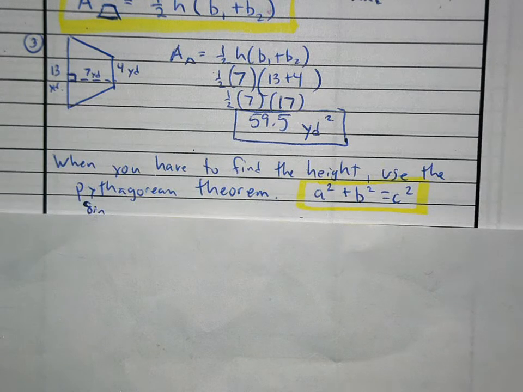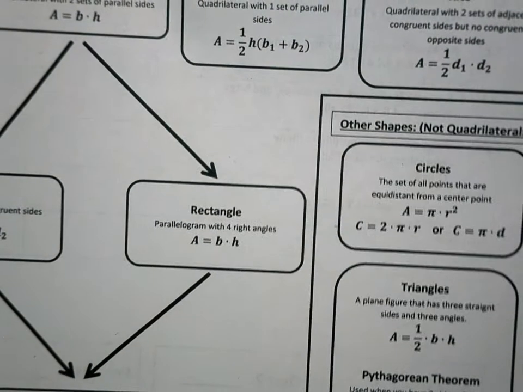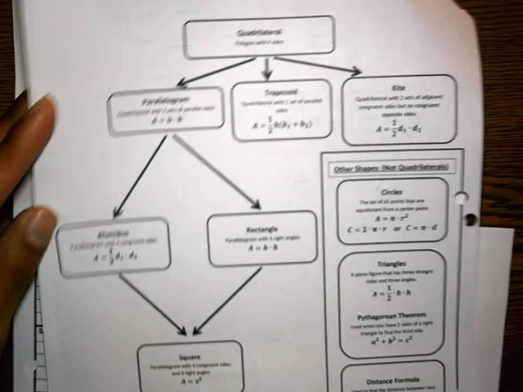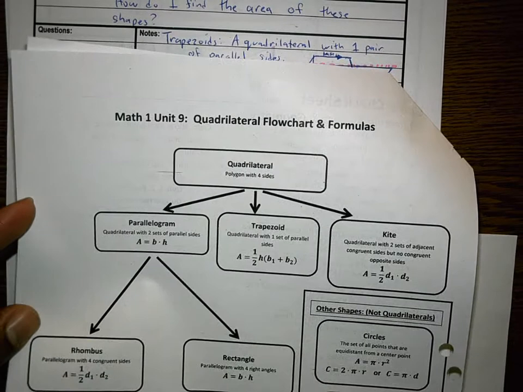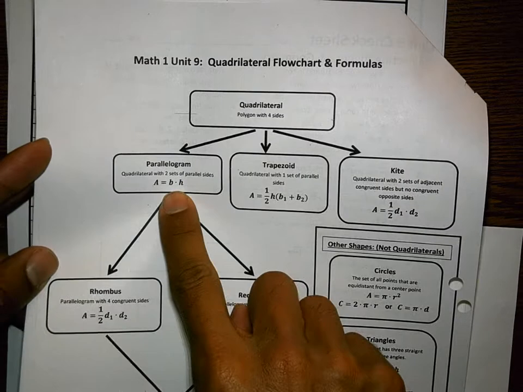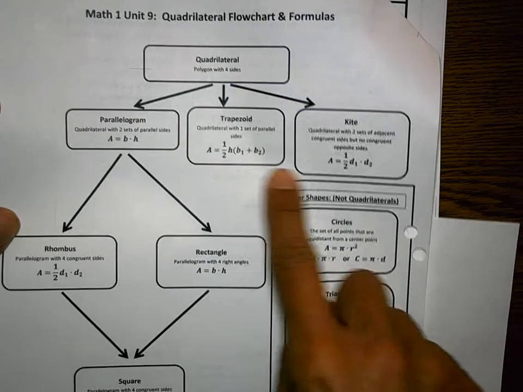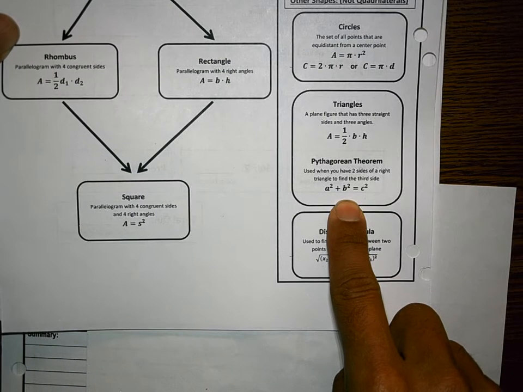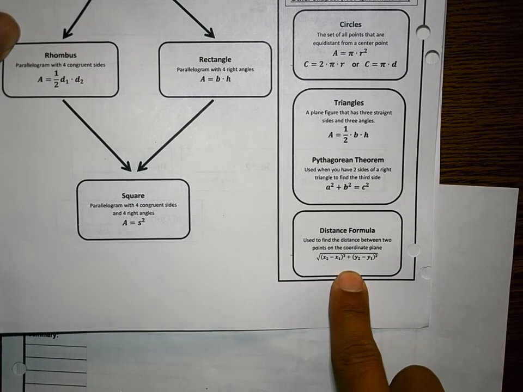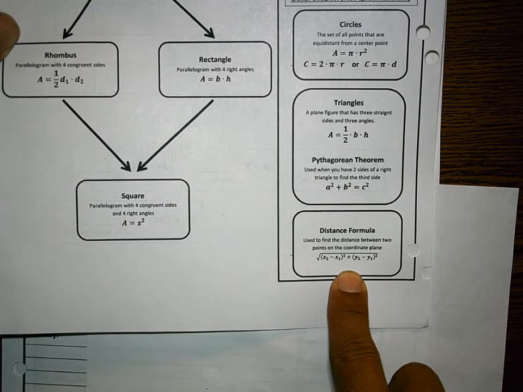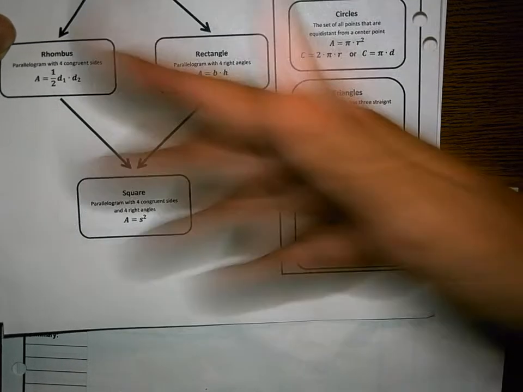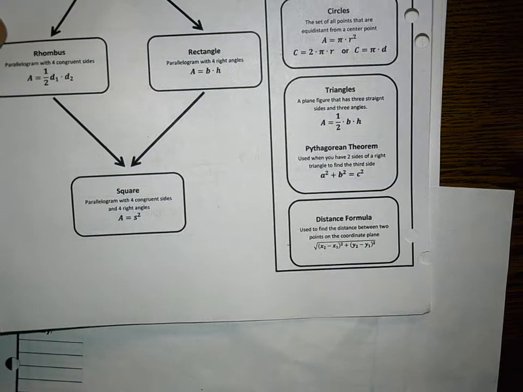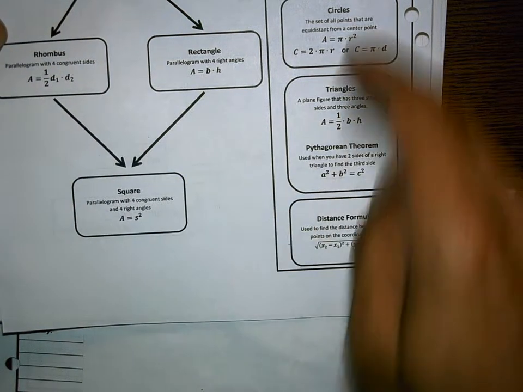This is the chart that is on the back of your check sheet. You got to know those formulas. Circle formulas, rectangles. Pythagorean theorem is there. Distance formula is there as well. So do you have to know that? That's one of your formulas. Yes, absolutely.